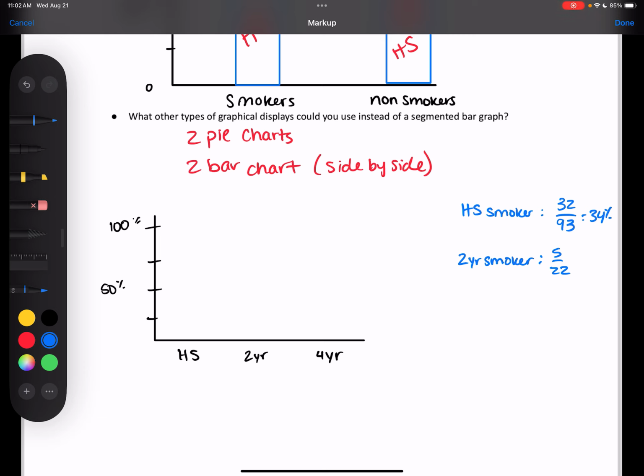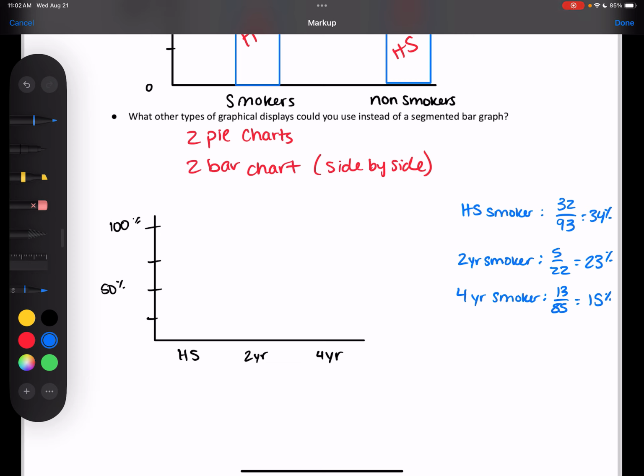Which is 23%. Then 4-year smoker would be 13 out of 85. Which would be 15%.